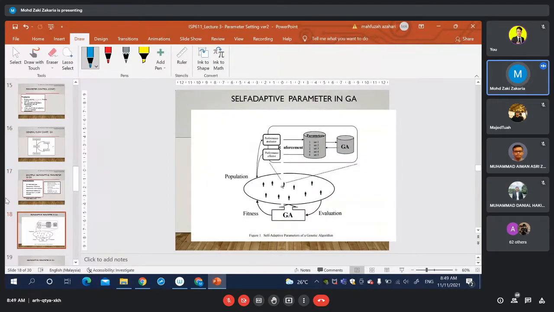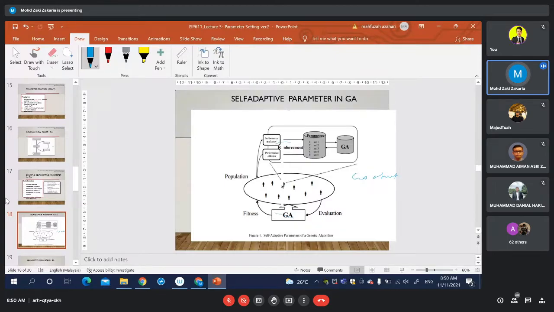Consider this framework. For self-adaptive, we use a GA about GA, a meta GA, because we have double GA here.